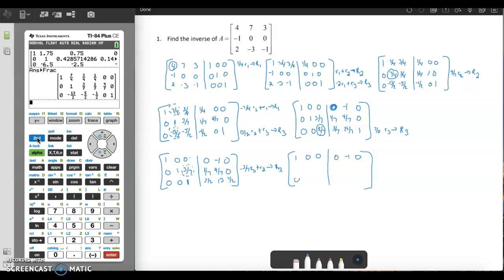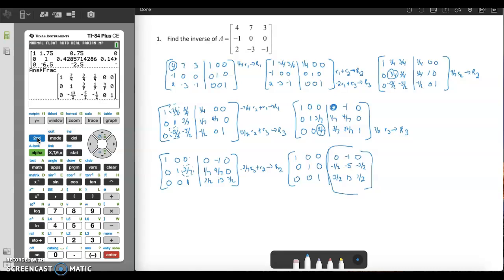Row 3 is finished, so 0, 0, 1, 3 halves, 13, and 7 halves is done. And my middle row now turns into 0, 1, 0, like we want. And then we have negative a half, negative 5, and negative 3 halves.